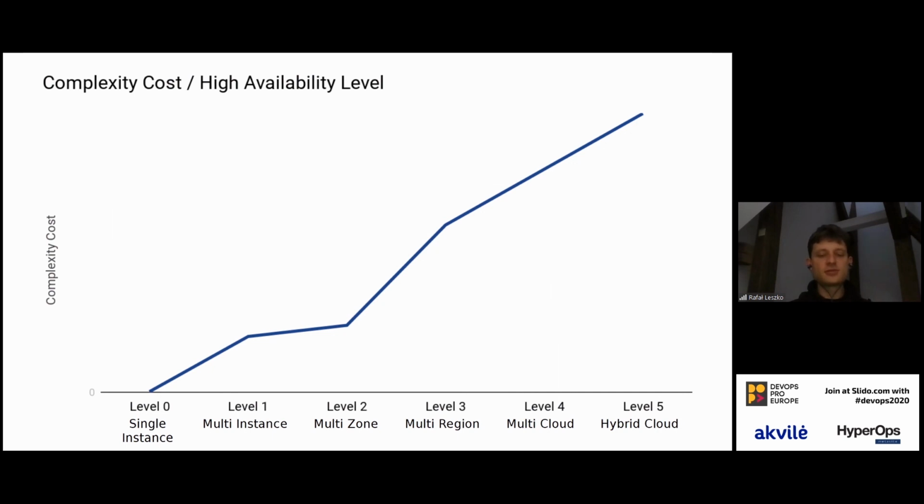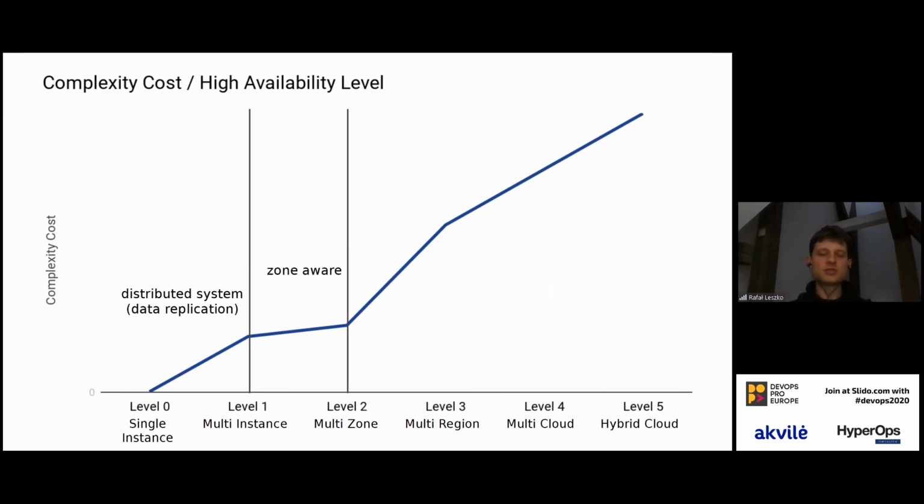But going from single instance to multi-instance is already difficult, because you go from a non-distributed system to a distributed system where you have to replicate the data. Then going from multi-instance to multi-zone is actually quite easy. The complexity does not increase much. You just need your tool to support zone awareness, and you're pretty much safe.